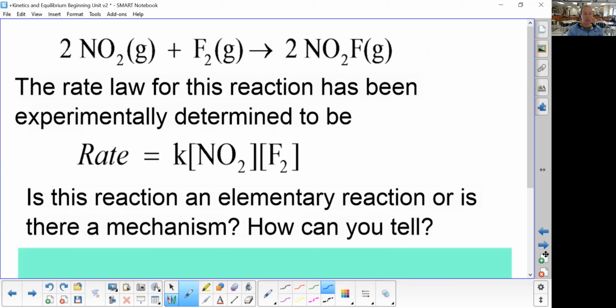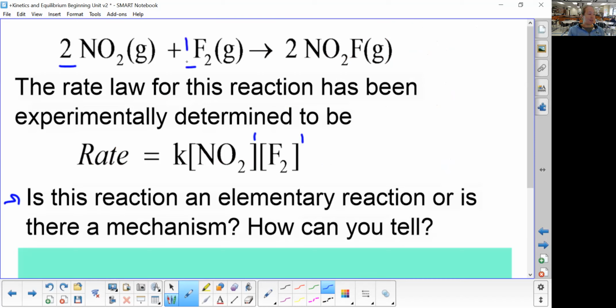So, other questions that could be asked. Here we've got the rate law for this reaction, determined experimentally to be the NO2 and the F2. You can ask yourself, is this reaction mechanism elementary, or is there a mechanism? And how can you tell? Well, this is 1 and 1, and you can tell if it's elementary if it matches the coefficients. It does not.